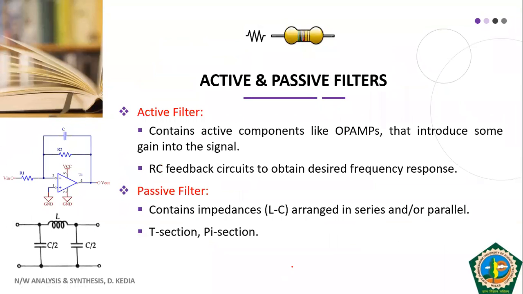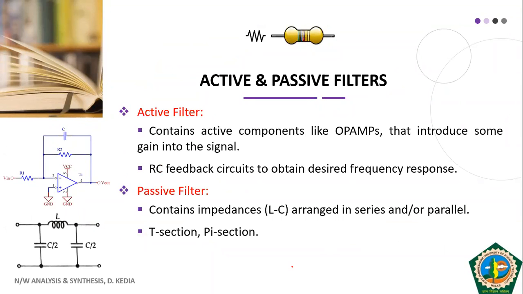So students, we have two types of filters. One is active filter and another is passive filter. Today's class will be dedicated to passive filters. In fact, the first topic in this unit is passive filter, and then we will move to active filter.